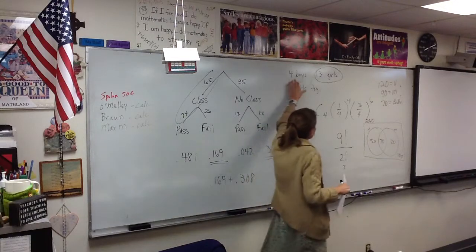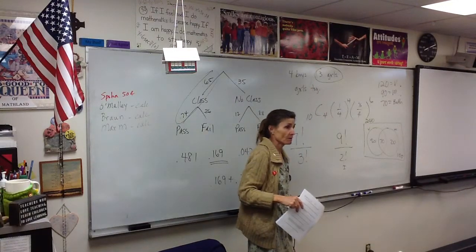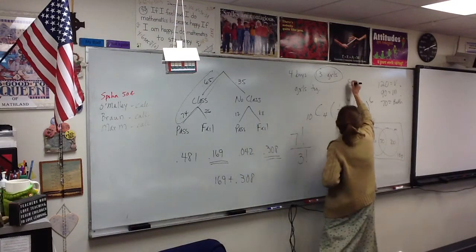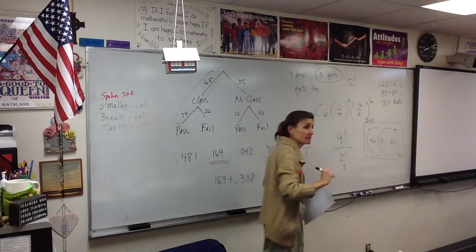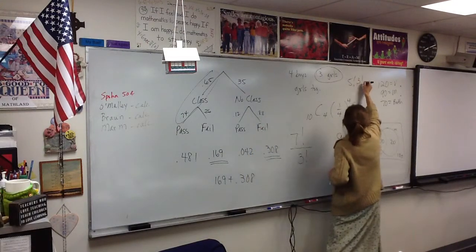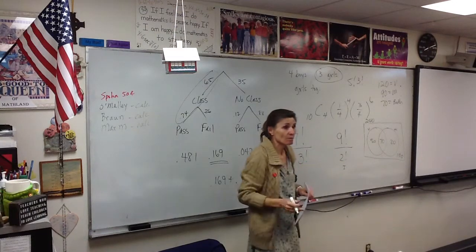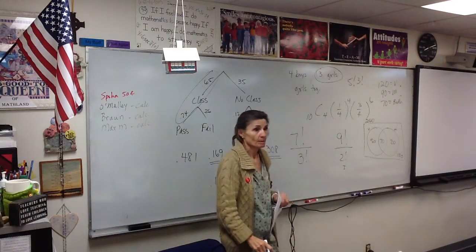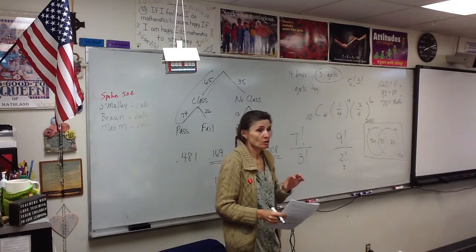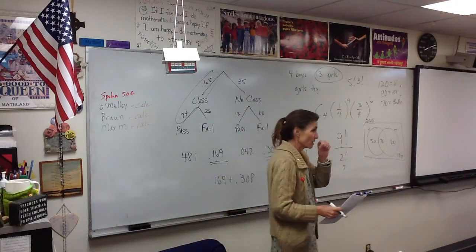So if you had 4 boys and a clump of girls, how many ways could you arrange those? 5 factorial. But you remember what else you have to take into account? 3 factorial. Because when you tied a string around those 3, you could have done it 3 factorial ways. That is not the answer to the question on the paper. The answer to the question on the paper is 7 factorial.